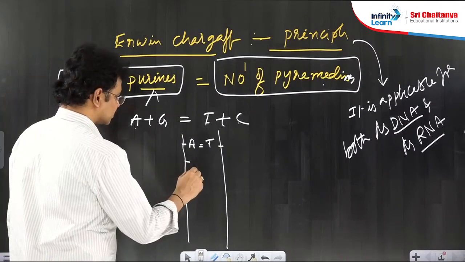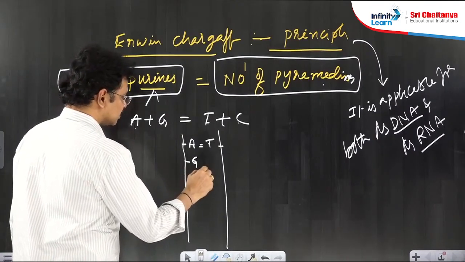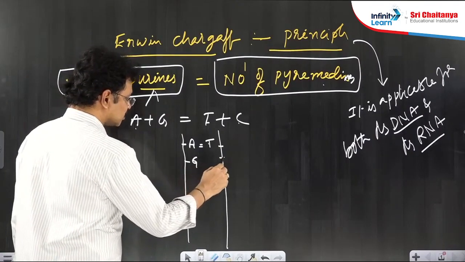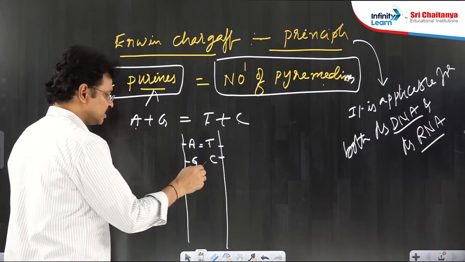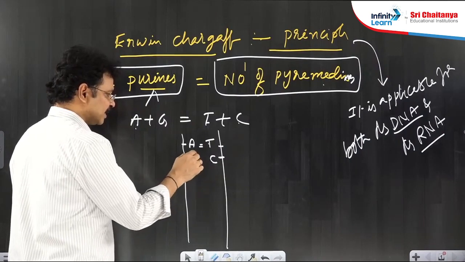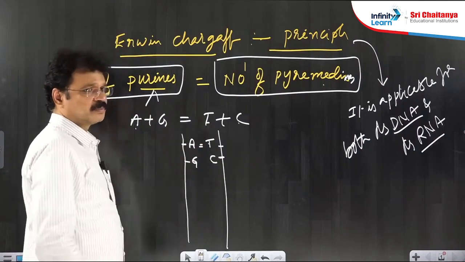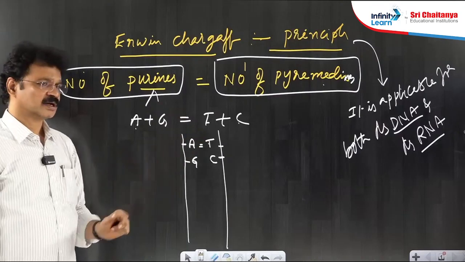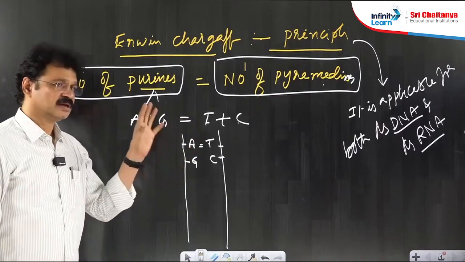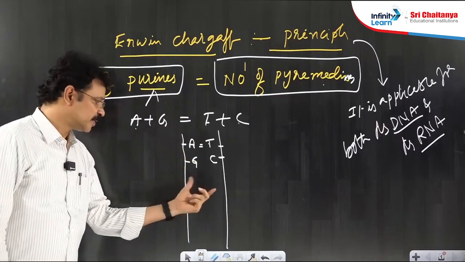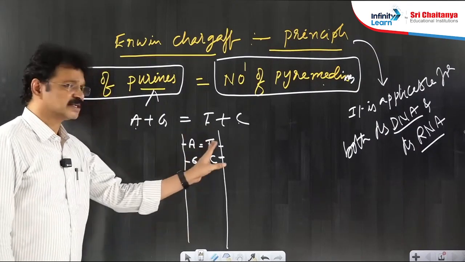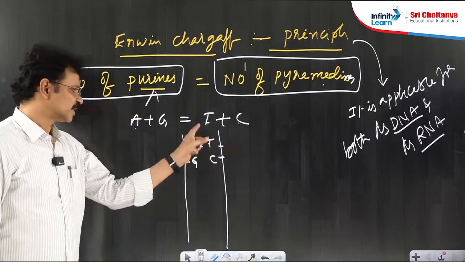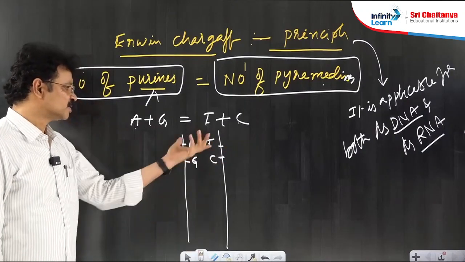For example, if G is in one strand, then C should be present in the opposite strand. Hence, we can say G and C are complementary pairs, A and T are complementary pairs. This kind of pairing is possible in double-stranded structure only. Suppose the second strand is absent, at that time this kind of pairing is not at all possible.